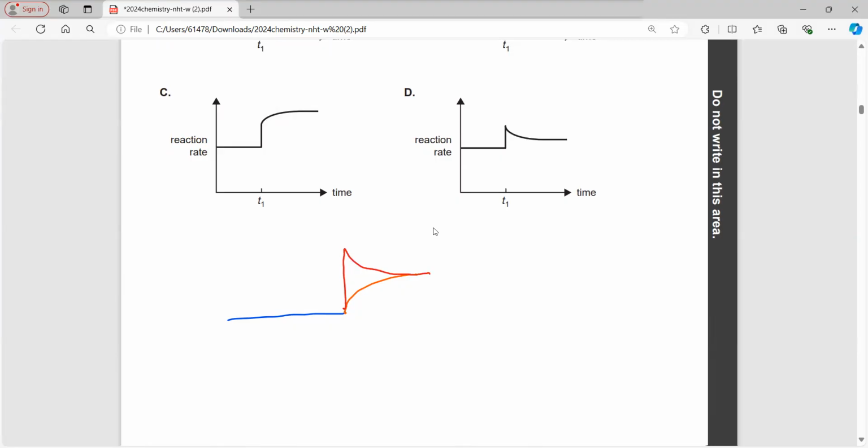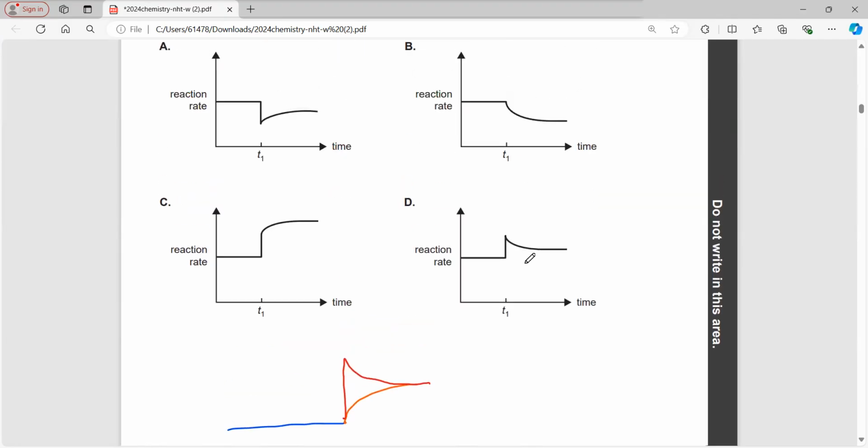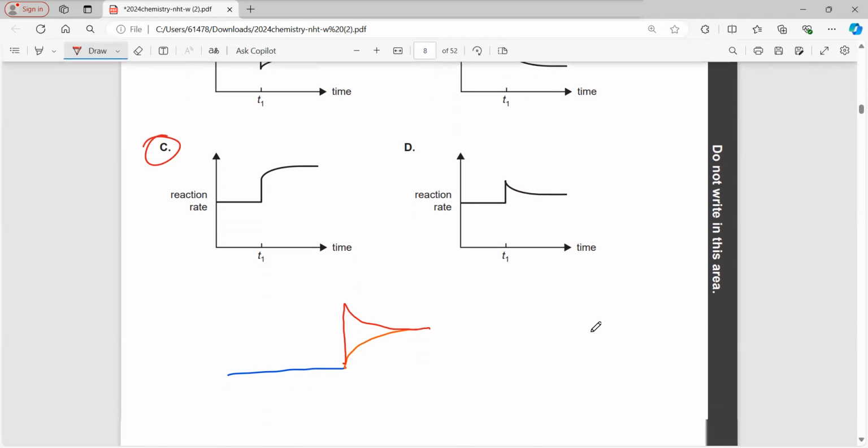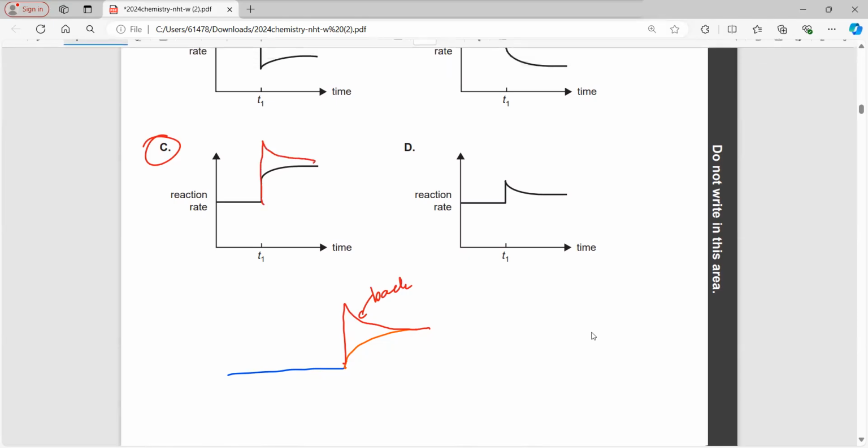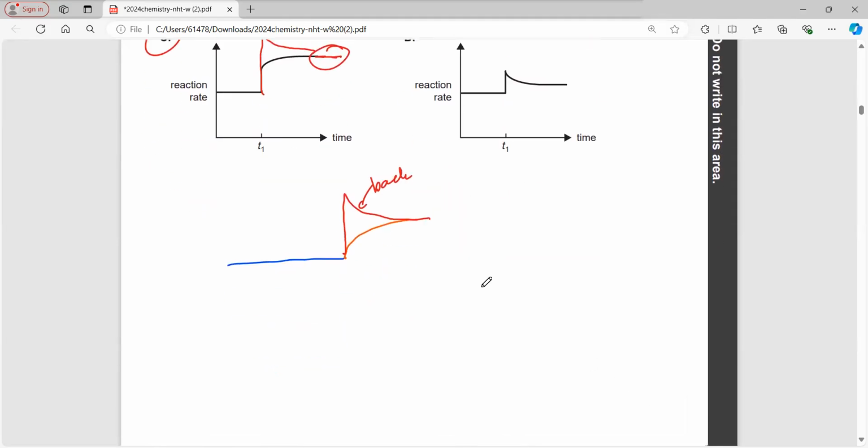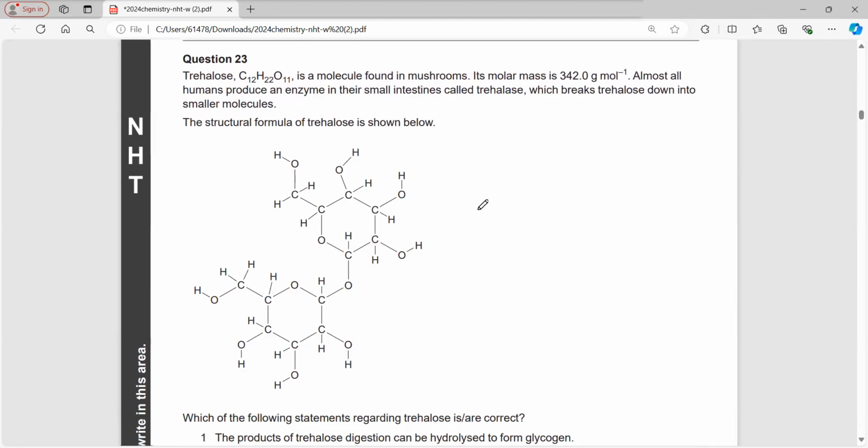So we just need to find something that looks similar to the orange one, and I think C takes the win there, because we can see that the back reaction takes the precedence. So the back reaction will come down like that and eventually reach equilibrium, because if we were to increase the temperature, then the new reaction rate should be greater.